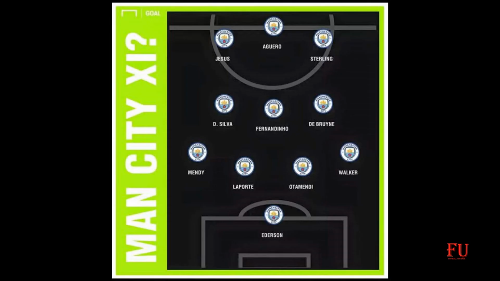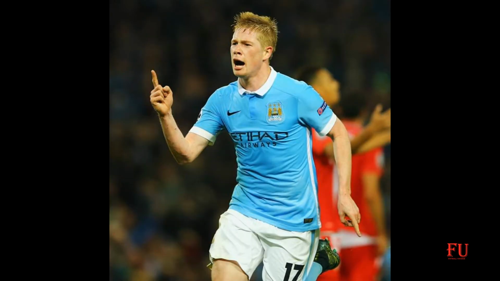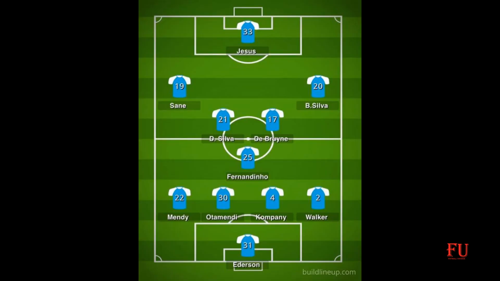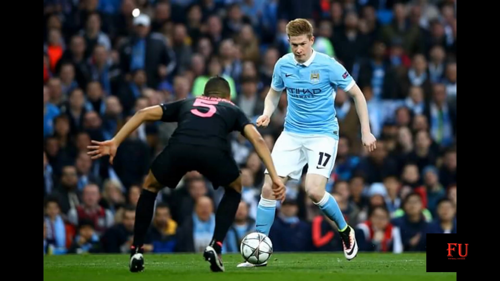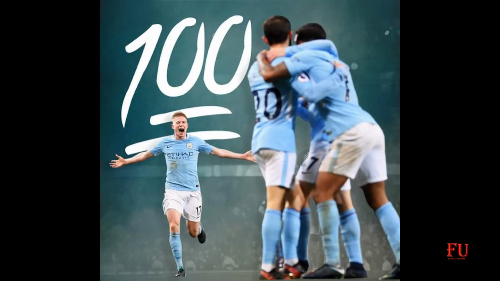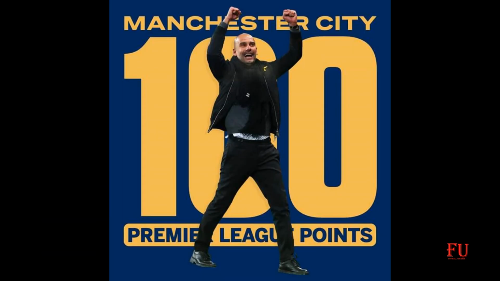Guardiola adjusted Manchester City's formation so that he could play David Silva and Kevin De Bruyne alongside Fernandinho in a three-man midfield. In almost every game, City dominated possession and broke Chelsea's record as they crossed the 100-point mark.